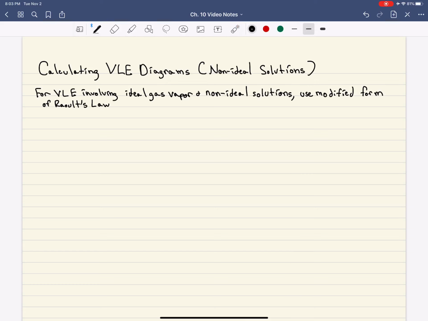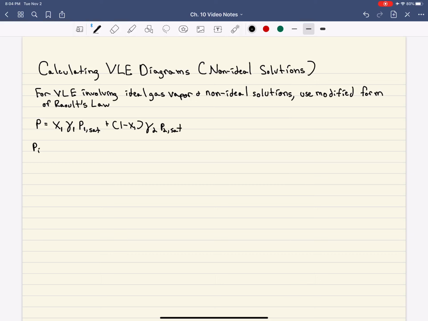And that's when we define our pressure equation for each of the partial pressures, rather than just using the regular version of Raoult's law, we're going to use the modified version of Raoult's law, where now we have the activity coefficient in there. All right.